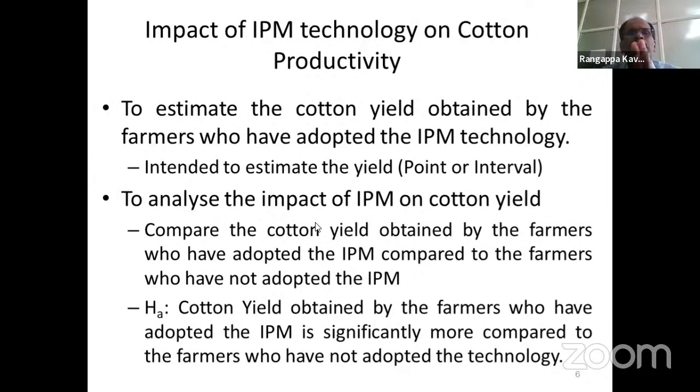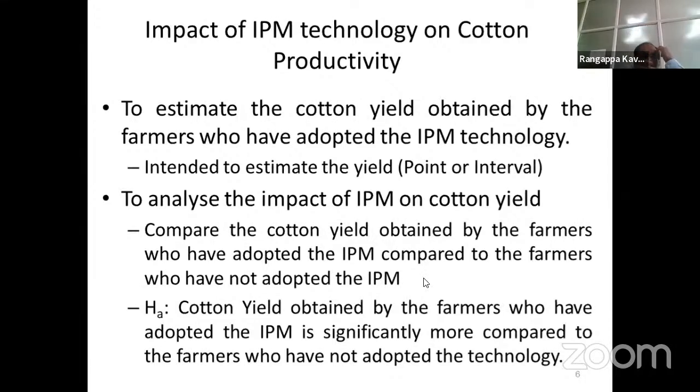Here we have to compare. We have to identify the farmers who have adopted the IPM technology and who have not. To analyze the impact of IPM on cotton yield, we have to compare the cotton yield obtained by the farmers who have adopted IPM compared to the farmers who have not adopted this IPM technology.